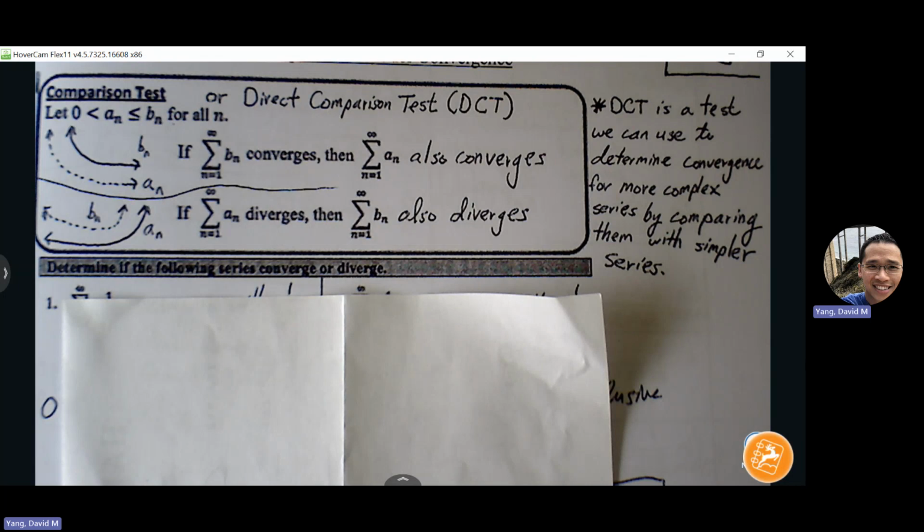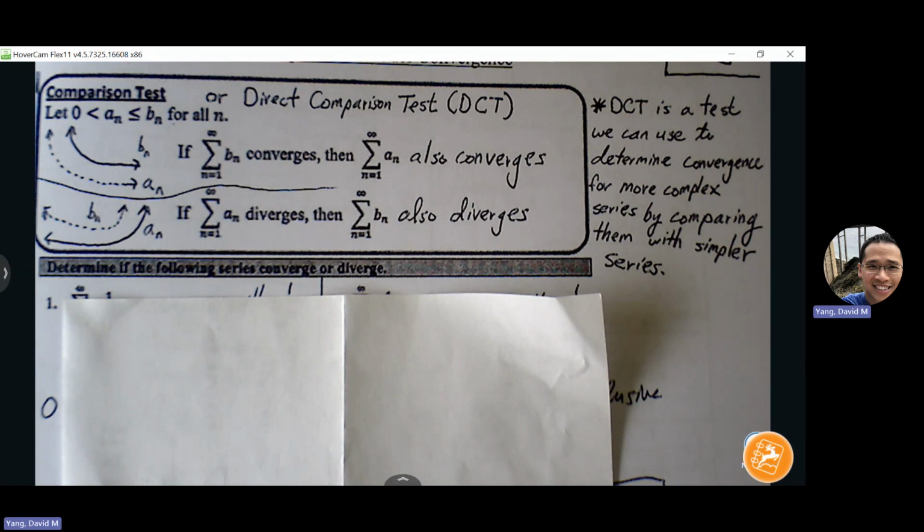So the direct comparison test is a little clunky. It's kind of like the integral test in the sense that we're going to exhaust all of our options before we would want to deal with it. It's not going to be the first one that we go to. It's almost like a last resort: okay, nothing else works, fine, we'll do direct comparison test, or fine, we'll do integral test.